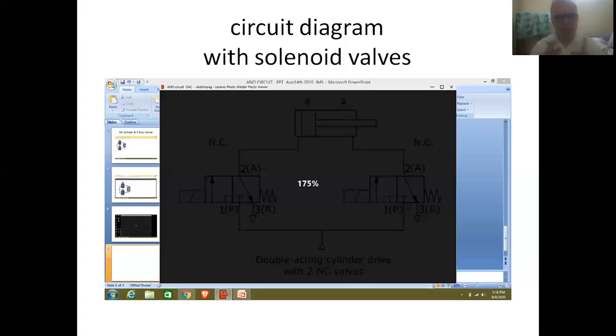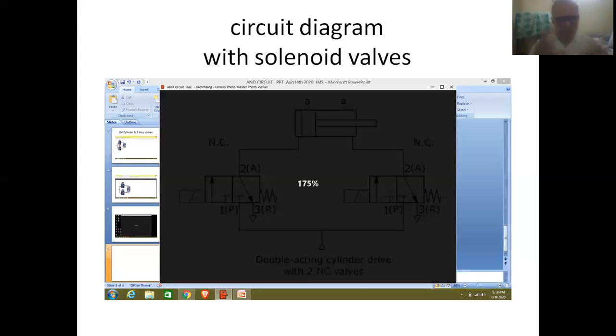So valve is having three ports. Therefore, it is called as a three-way valve. And it is having two positions. It is called as a two-position valve. So both these factors put together, it is called as a three-way two-position valve.